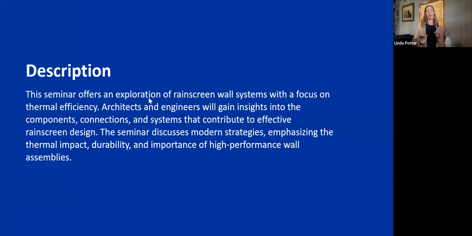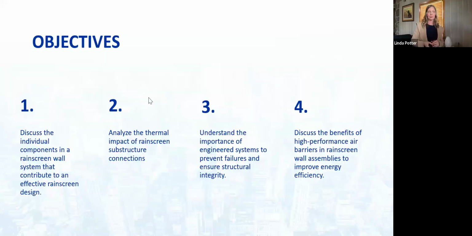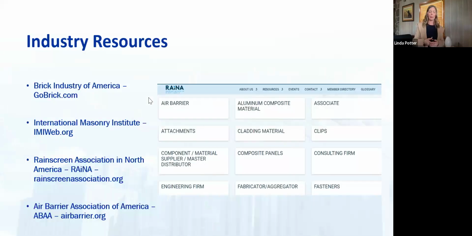So we're going to look at thermal impact, durability, high performance walls, the components, the connections, and really stay dialed in that portion of it, where we talk about just the individual components that go into a Rainscreen design, the thermal impact of that substructure, and what we're thinking about for that connection, engineering those, and some high performance considerations for the air barrier when we're thinking about those thinner panels on a wall.